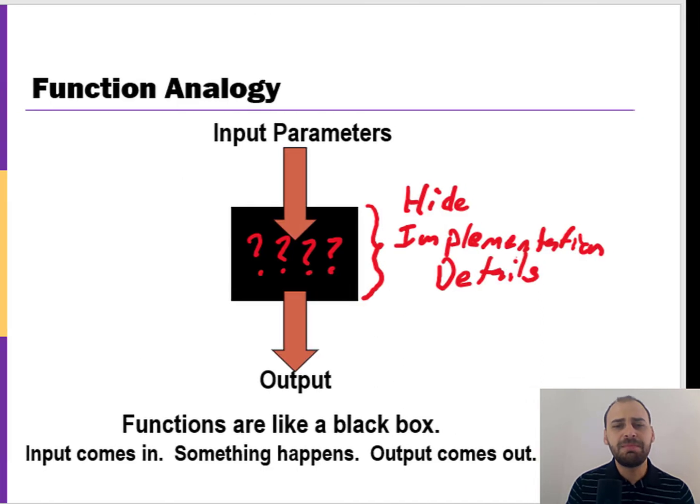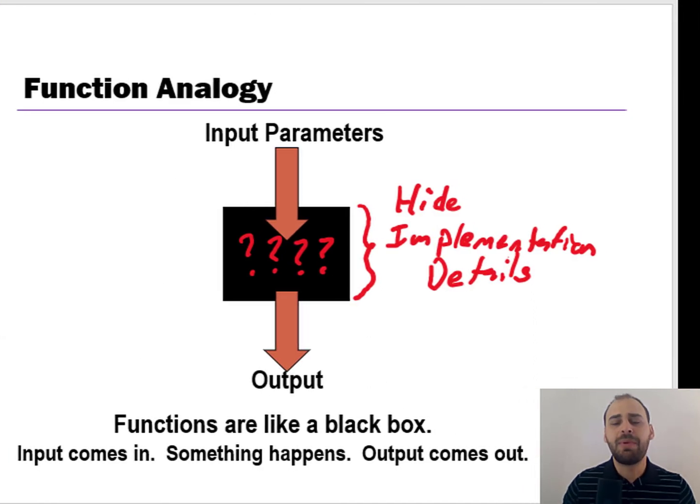Now, going into this discussion, it's important to rehash some things that we talked about related to functions when we were first introducing this topic. If you remember a previous video, we talked about how functions should be treated like a black box, where we have input coming in, it does its magic, it performs its functionality, and we have output coming out.